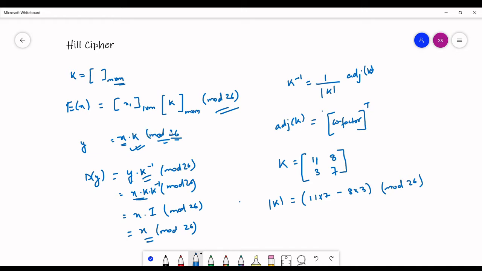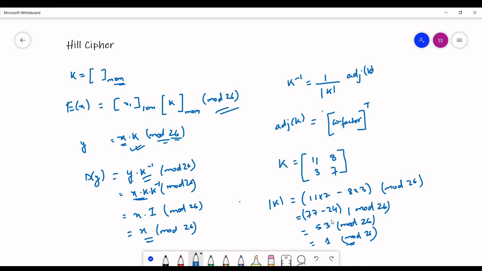So everything should be in mod 26 only. This will give you 77 minus 24 mod 26, so this is equal to 53 mod 26, right? So 53 mod 26 is 1. So determinant of k is 1.